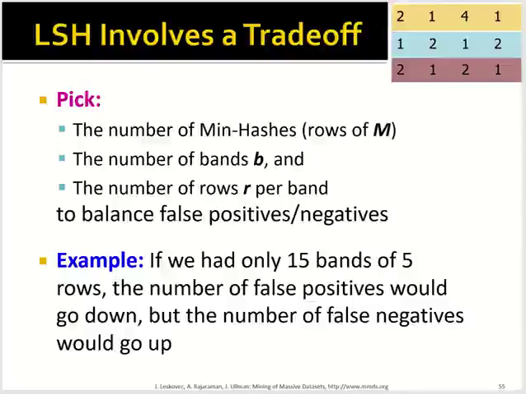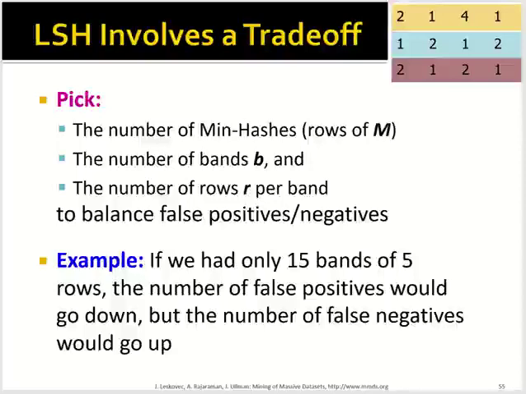Locality sensitive hashing practically involves trade-offs. If we pick the number of minhashing rows M, the number of bands B, and each band has R rows, how can we balance the false positives and negatives?